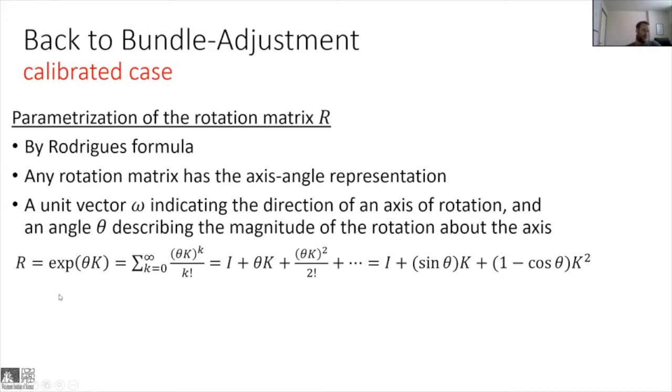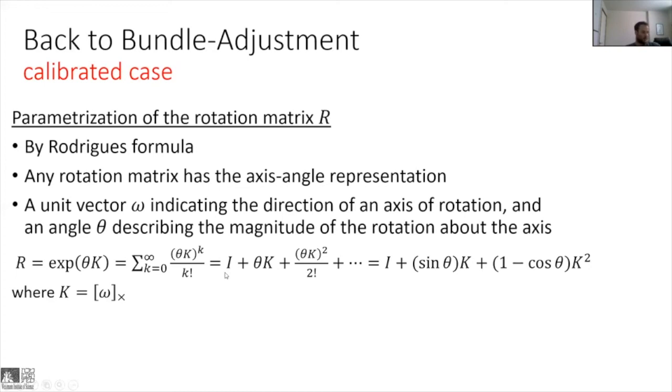In general, we can write every rotation as in this formula. This is the Rodrigues formula, where k is the unit vector, taken as a cross product matrix, a skew-symmetric matrix, and we take the exponent of the matrix.